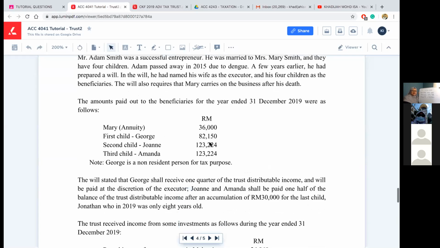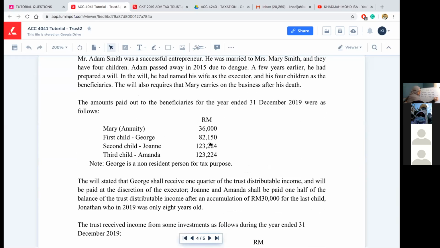358,598 minus accumulation. How much is the accumulation? Of 30,000. But deemed total income sama dengan 369,785 times by like that. Okay. So your deemed total income is actually your total income which you already have got from here, times by distributed income minus accumulation over distributable income.